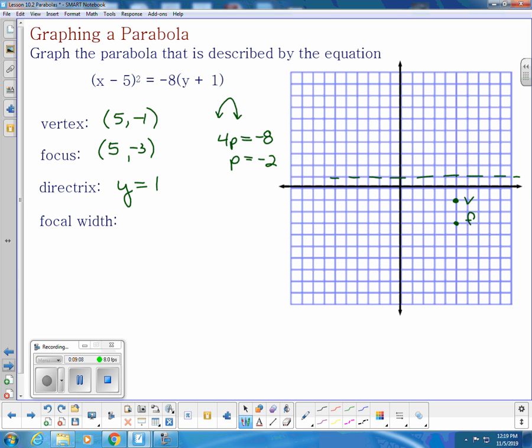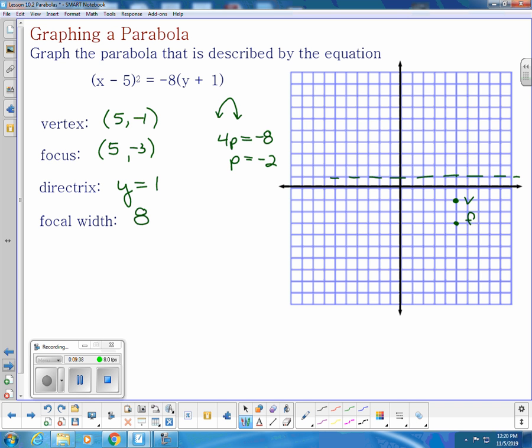And what is my focal width? What did we say focal width was? It's just 8, right? It's 4 times p. Do not write negative, though, because it's a width, a distance, so it's always going to be positive. It's the absolute value of that capital A, or that 4p. Now, to graph this, I've got my vertex, my focal point, and my directrix.